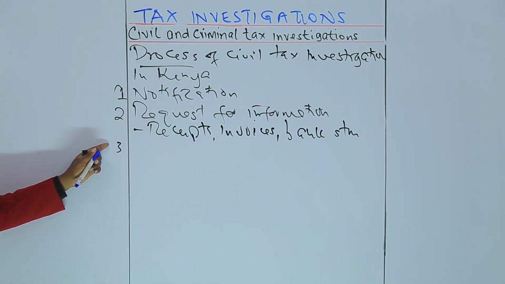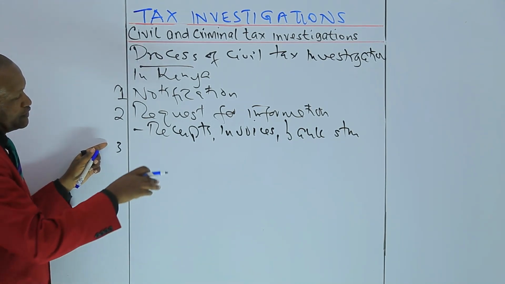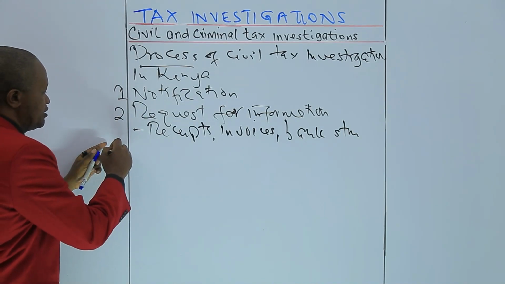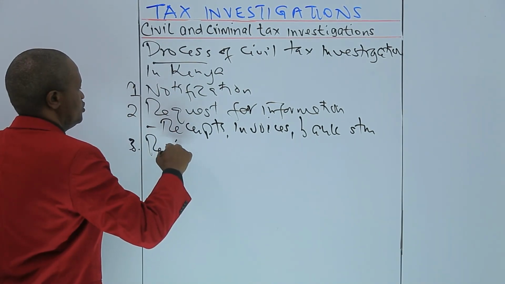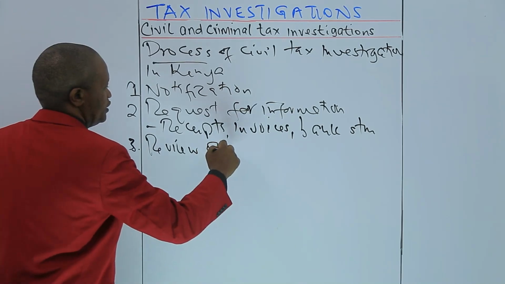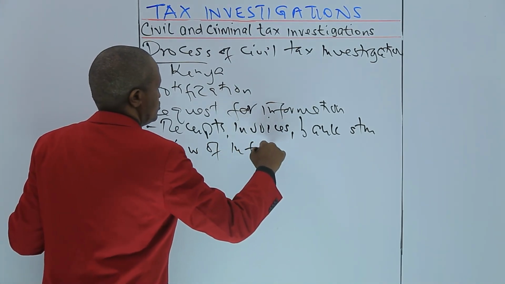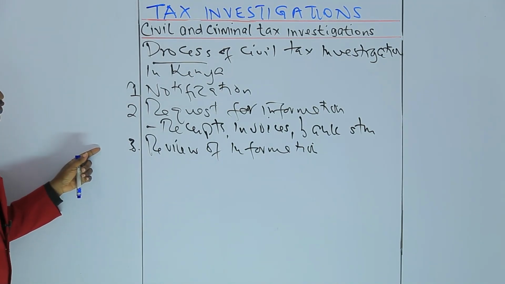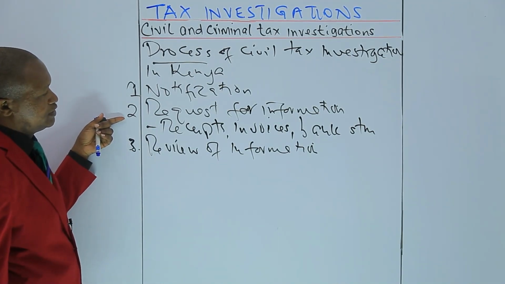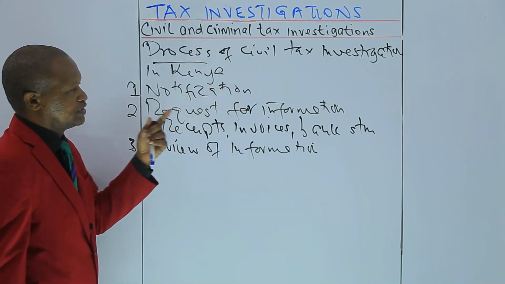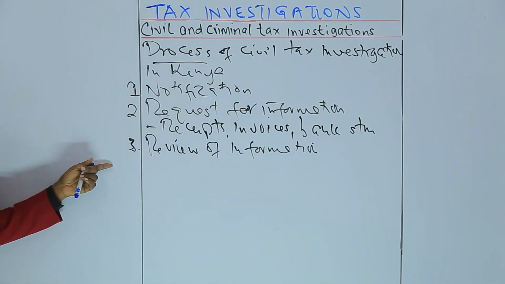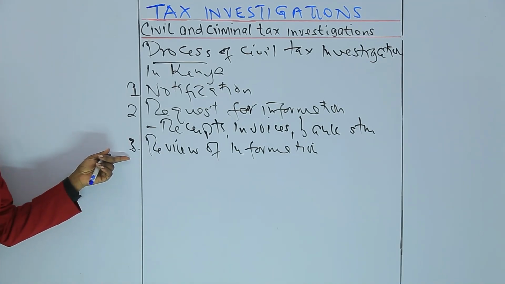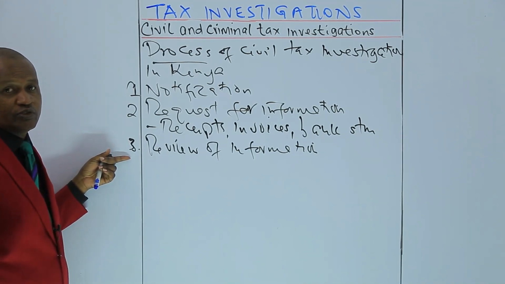Moving on to the third step, after requesting information from the taxpayer, number 3, review of information. The Revenue Authority requests information from the taxpayer, which could be receipts, invoices, bank statements, or financial statements. Then upon receiving this information, the Revenue Authority will review it.